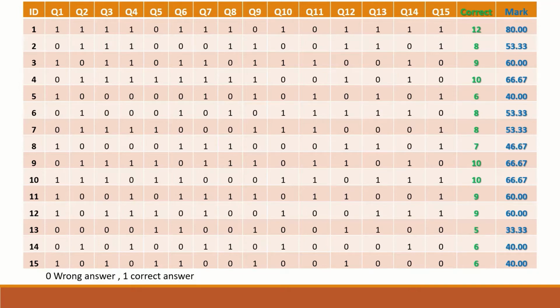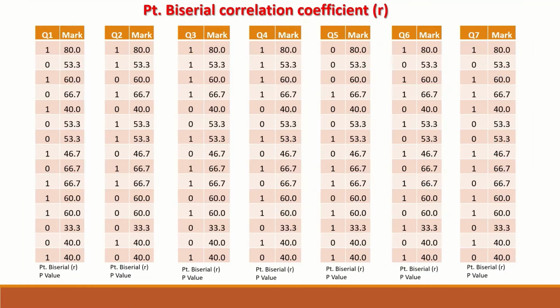labeled as mark. So in the point-biserial correlation, once the total mark is calculated, the test is performed and the test will correlate each specific question, the scores in each question, with the total mark as shown here in this slide.